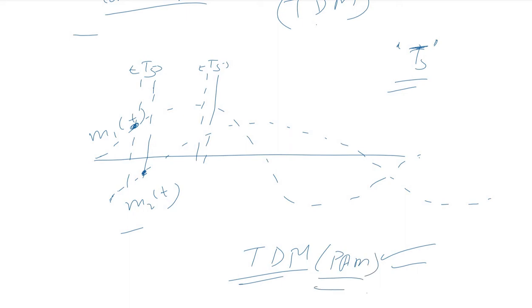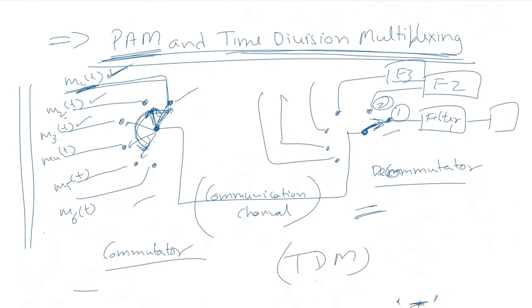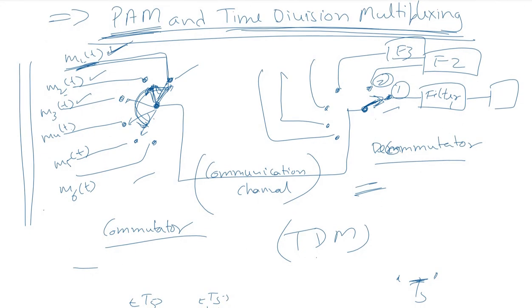So this is the concept of time division multiplexing, wherein we sample different band limited signals at different time slots and transmit them over the same communication channel. At a time, this communication channel caters to one sample only, one sample of a particular signal.